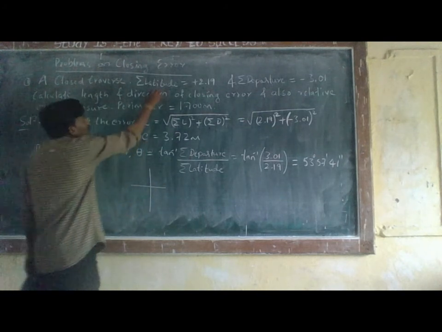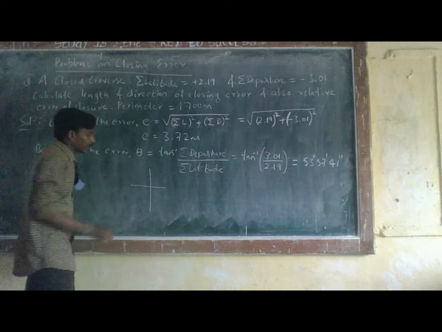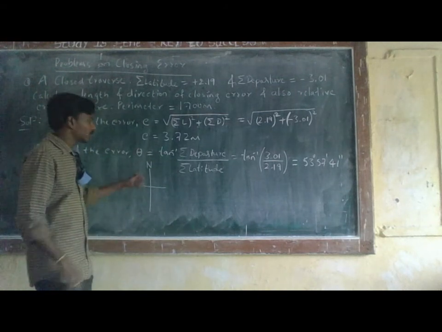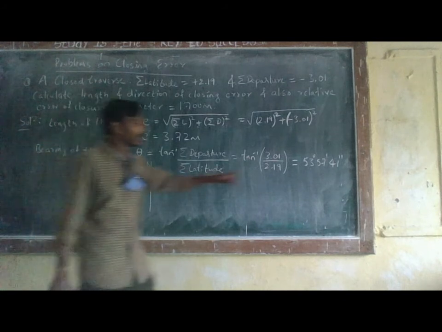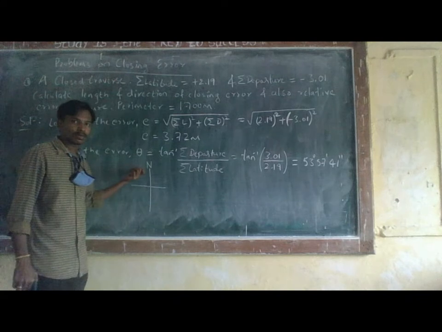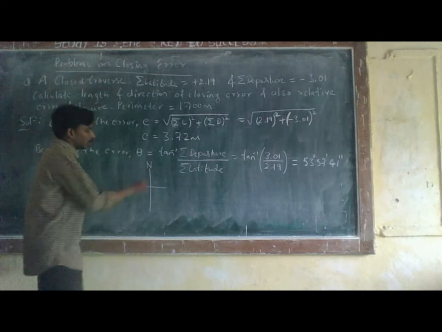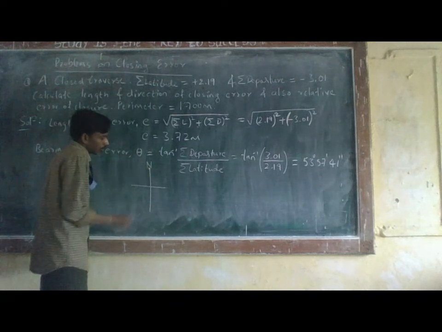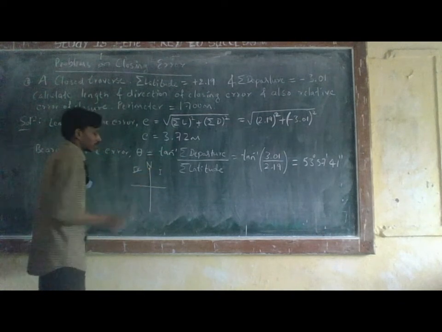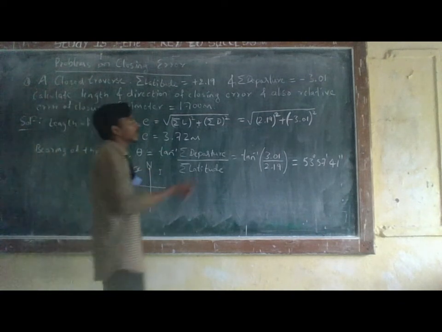So latitude is positive means the bearing is towards the first quadrant or fourth quadrant, because always north is for the first quadrant and fourth quadrant.